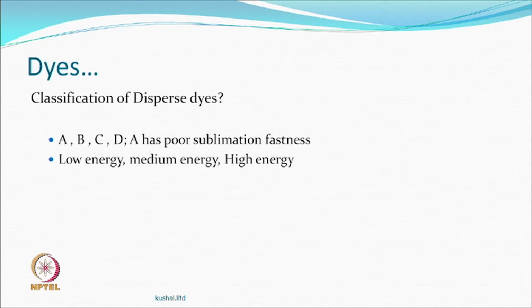If it is very high, then it is D. Also, they are sometimes classified as low energy, medium energy and high energy. Low energy means you require less temperature for sublimation, and medium energy is the same, and high energy means you require more energy for sublimation. So, advantage disadvantage will obviously be understood.